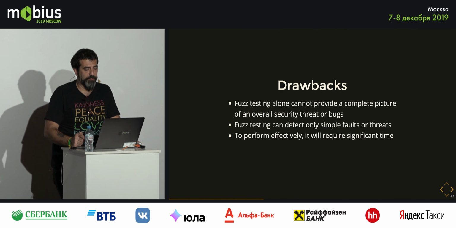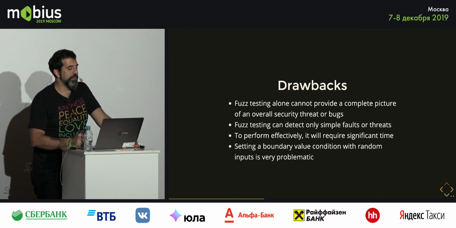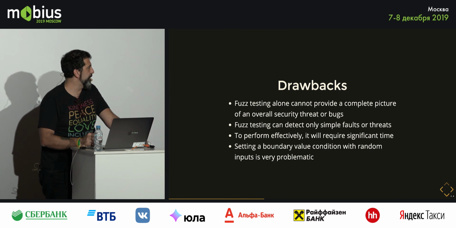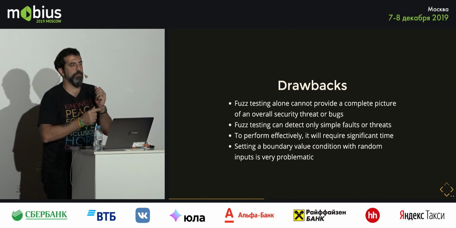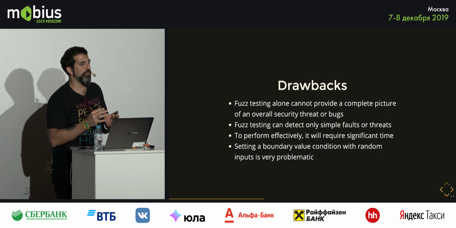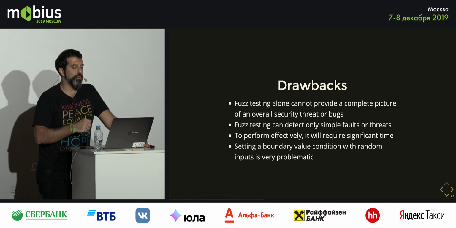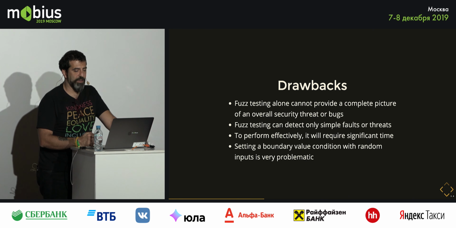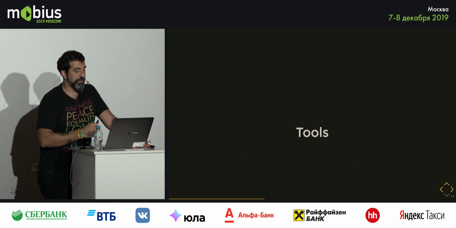It's not fast at all. Last but not least, you are setting the boundary conditions of a value with random inputs, and that's very problematic. Basically, you are trying to determine the boundaries to test your application with random numbers, and that's not easy to analyze, to make decisions on, and to understand what the boundaries really are.